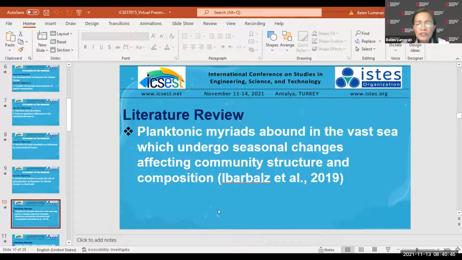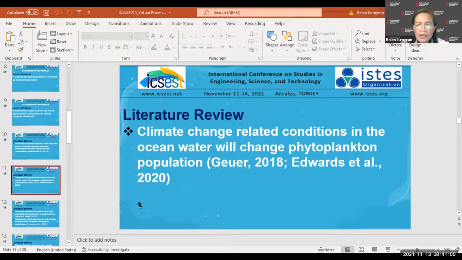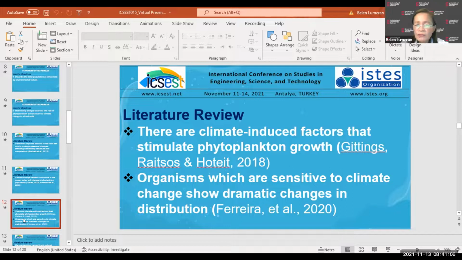So just a synopsis of the literature review, just the recent literature. Planktons are generally found in the vast sea, and they affect the structure and composition. Climate change related conditions in the ocean water will change the phytoplankton population. There are climate-induced factors that stimulate phytoplankton growth.